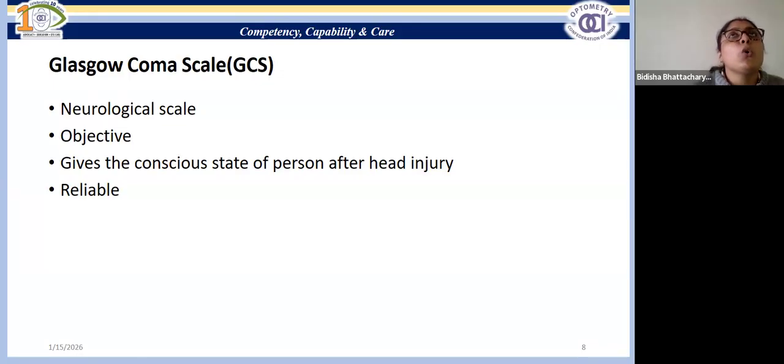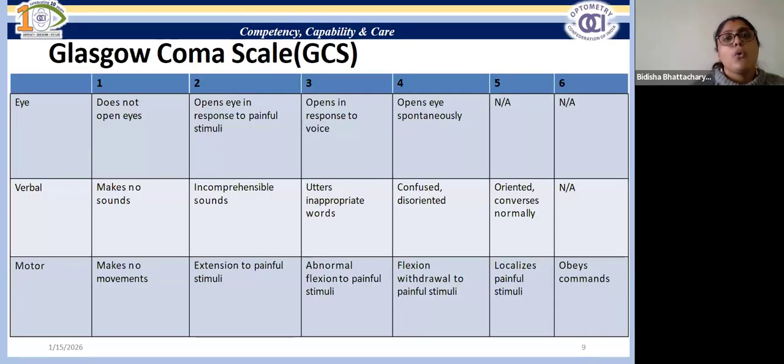We ask a few questions based on three components, see how much the score is, and based on that score we finalize which type of GCS the patient has. This is the table we follow in our day-to-day work. These are the three components: eye opening, verbal response and motor activity.